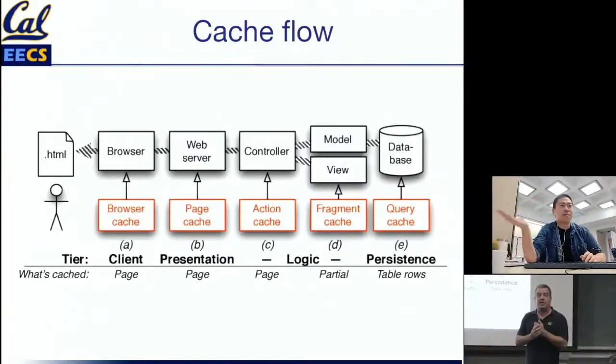Meaning if it's possible to cache in the browser, just cache it in the browser. If it's possible to cache in the web server or at the page level, do that. It basically saves the most resources. Usually that's the case. Okay, so I'll skip this video since the next video has some important things I do want to go over.